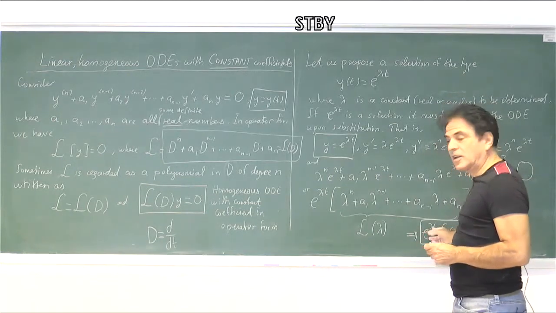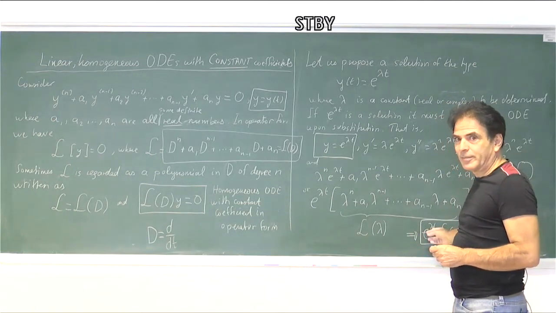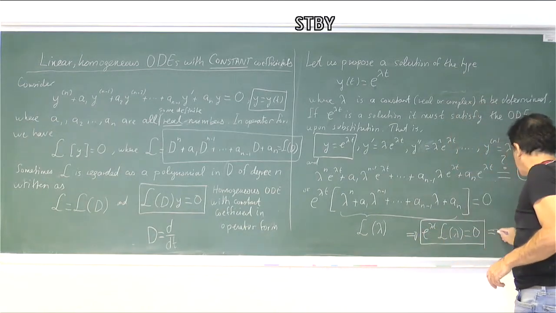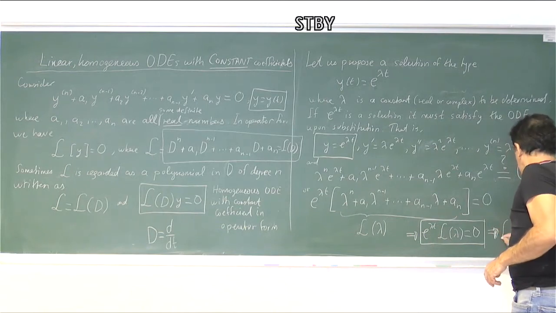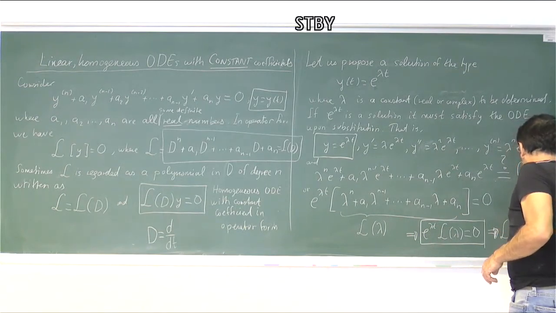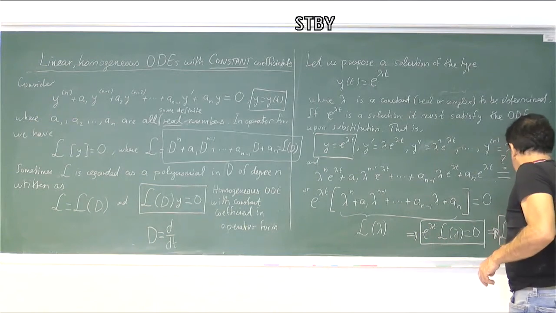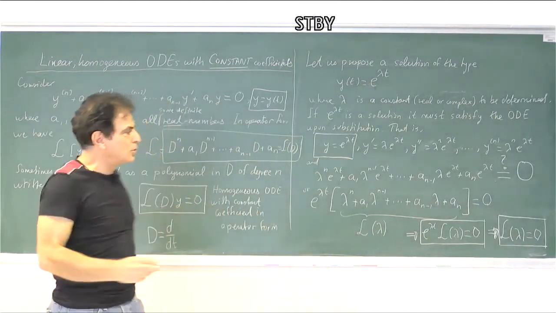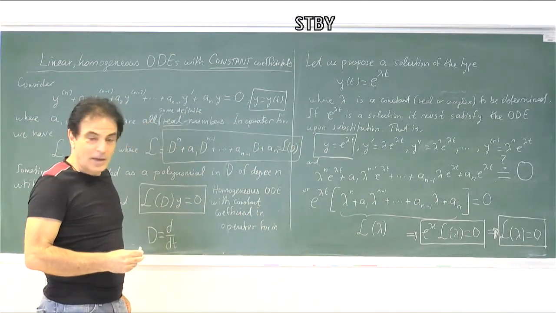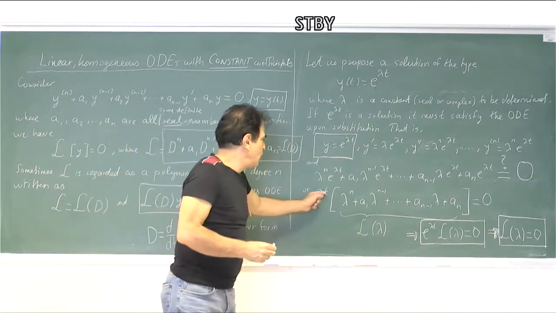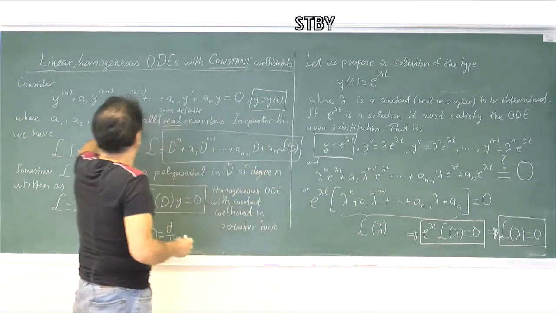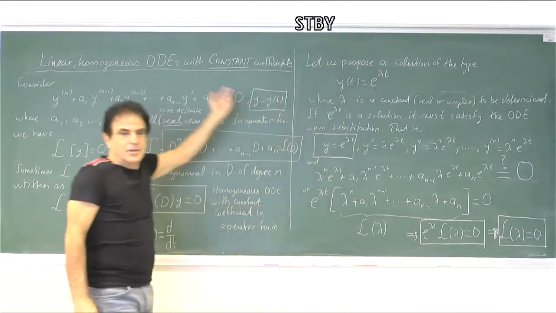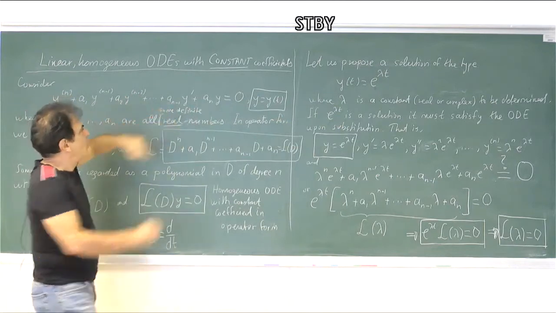So an exponential function is never zero. So the second factor should be zero, which implies that L of lambda must be zero. That is, for e to power lambda t to be a solution. Okay? So e to power lambda t is never zero, or in other words, if e to power lambda t is zero, you can say that y equal to zero.